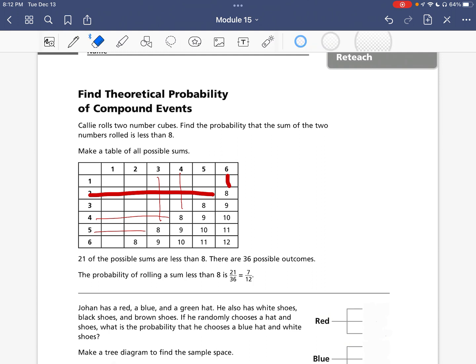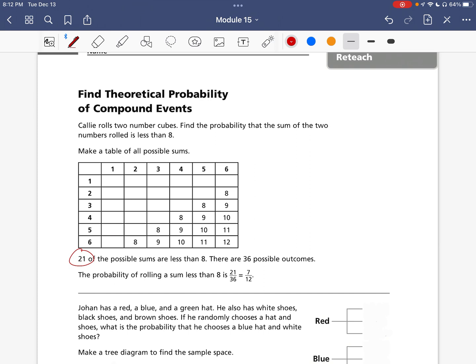So what they did with this little box here is add up how many possible sums are less than 8. So these empty boxes here add up to be 21. And 21 of the possible sums are less than 8, and there are 36 possible outcomes.